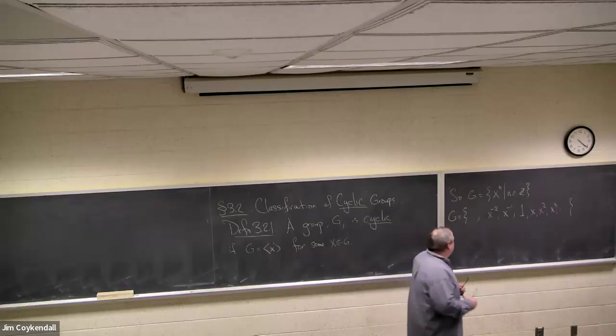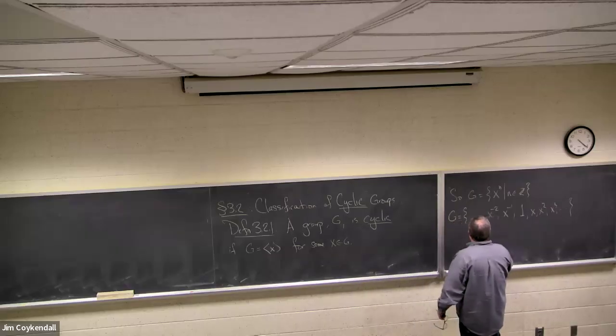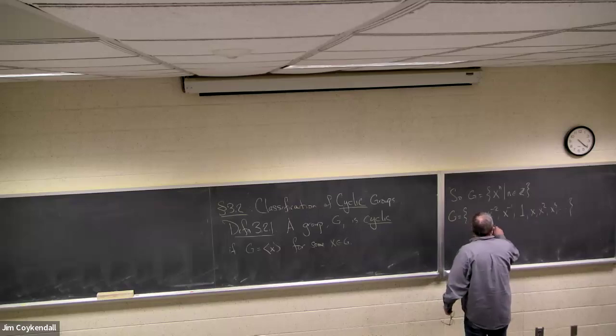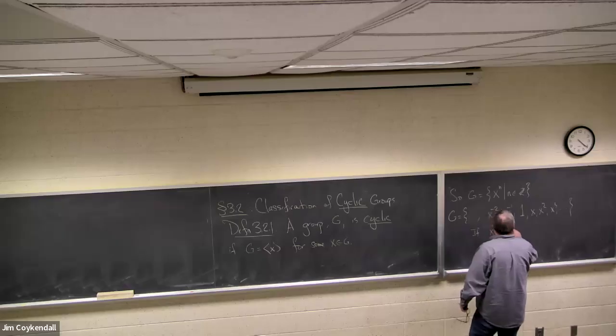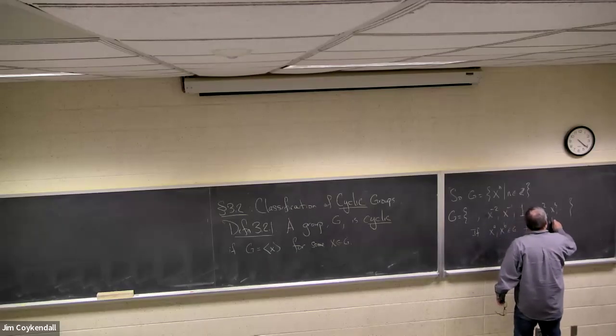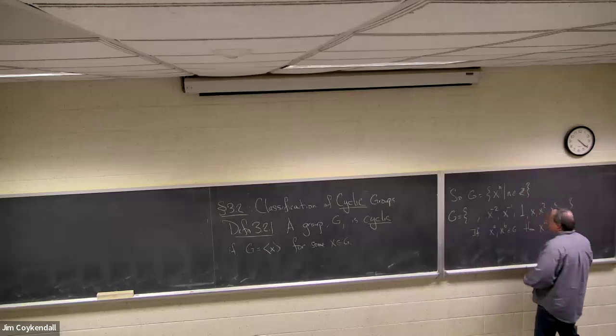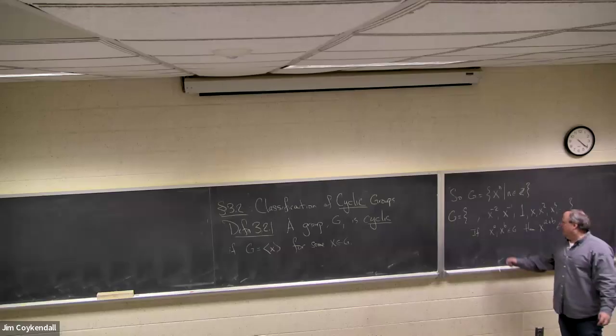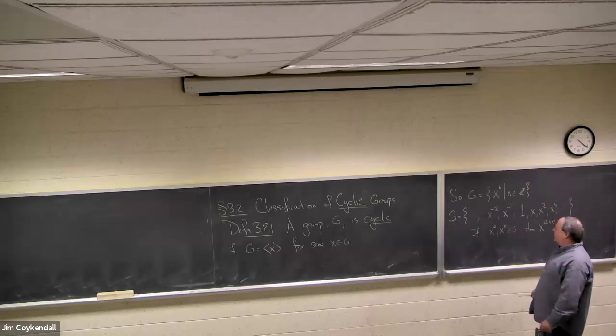It's easy to see that this is a group because the product of X to the A and X to the B is X to the A plus B, and if A and B are integers, so is A plus B. So the product of any two elements of this cyclic group is still in there.